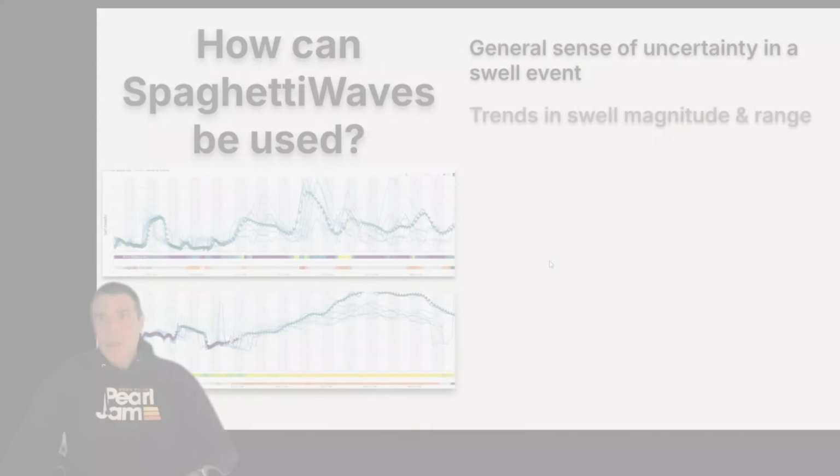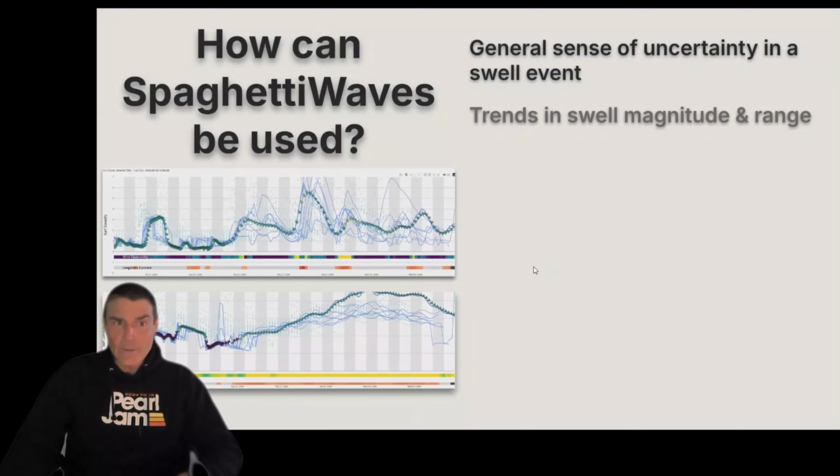The next is trends in swell magnitude and range. So even for the near-term forecast, you might see some variability. Some models may be a little bit higher in the surf height, and some may be a little bit lower. You can kind of use that to your advantage and have a better sense of what range of wave.